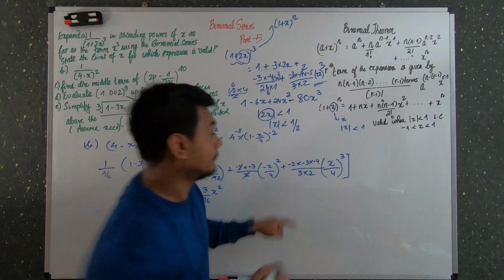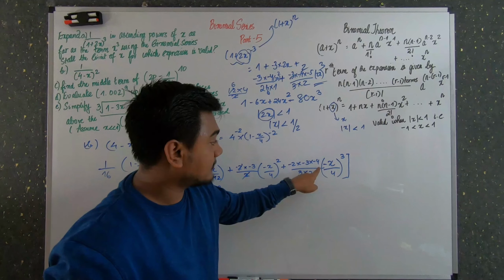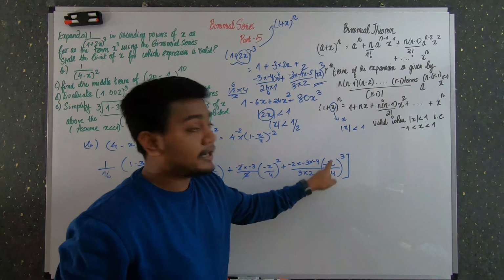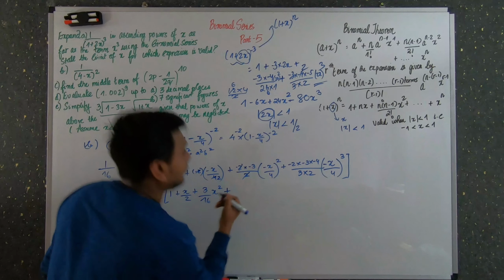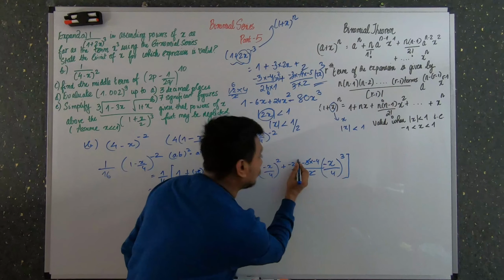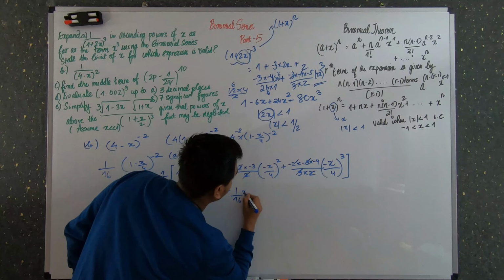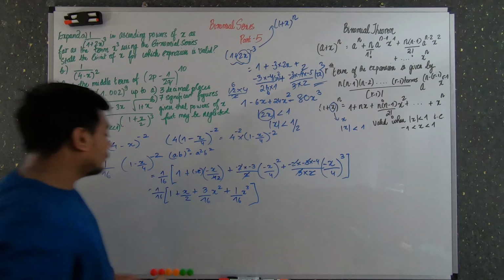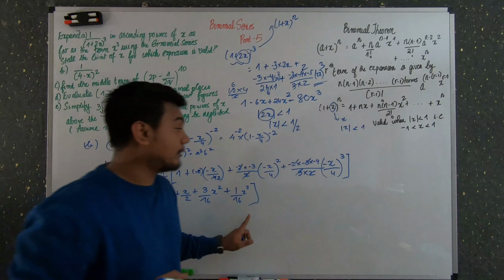Okay, in the next term there's a minus. It is minus in the whole cube, that is again minus. So it becomes again plus over here. 3 you can get cancelled. You can also cancel 2 here. 1 by 16 x cube. So this is the expansion for this series until the term x cube.